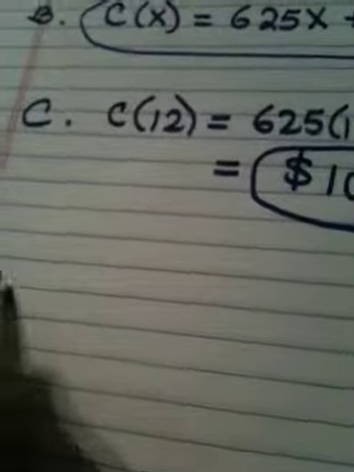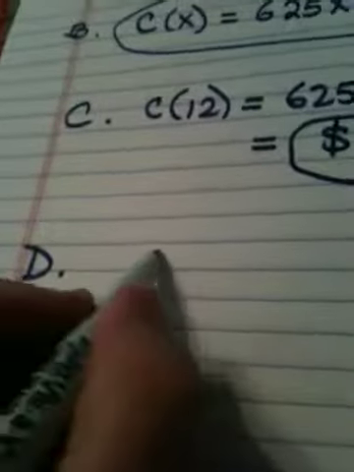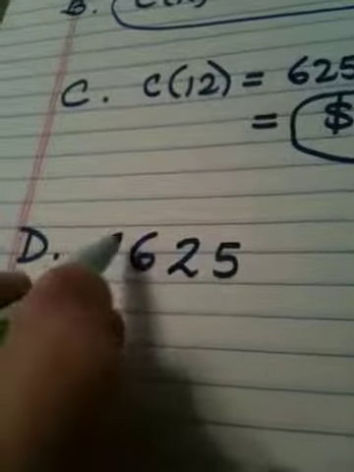And part D of this problem asks, what is the cost to produce each additional computer? The answer to that is $625.